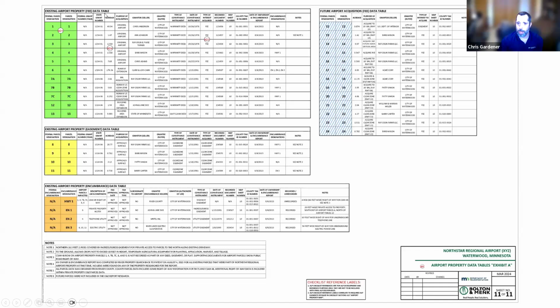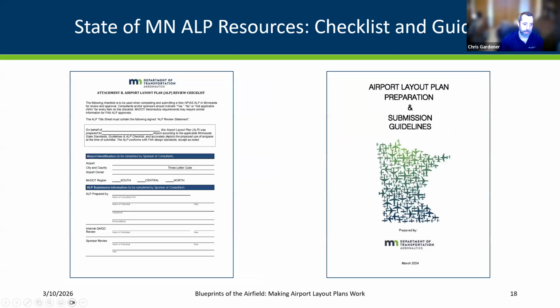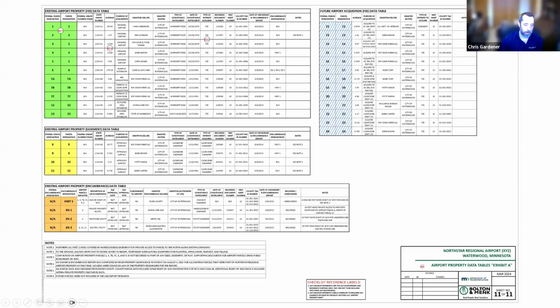But we do need all existing airport fee property identified, any existing airport easements identified, any property encumbrances identified, as well as any planned property acquisition or easement acquisitions.